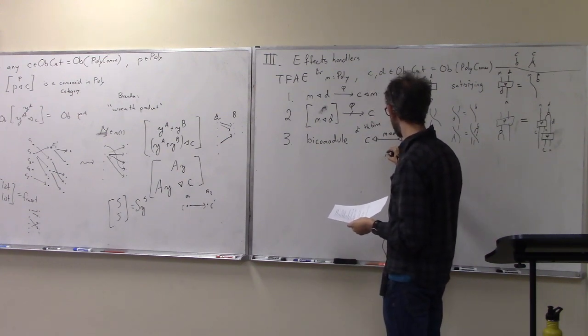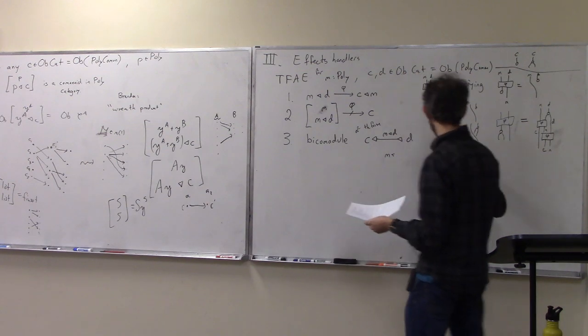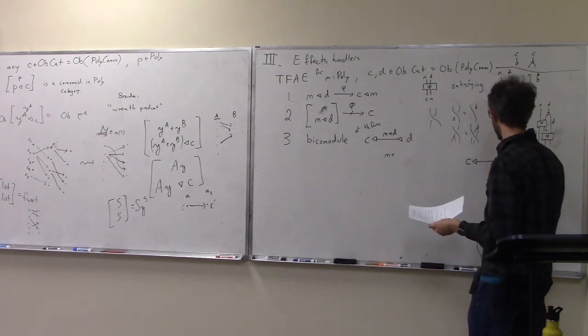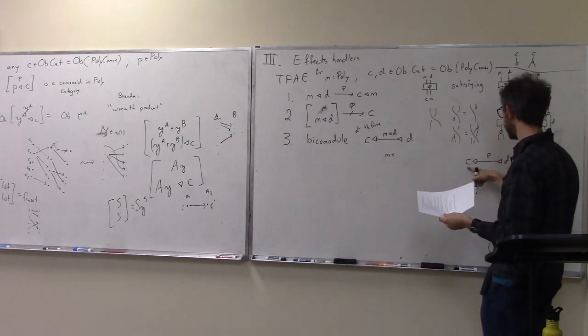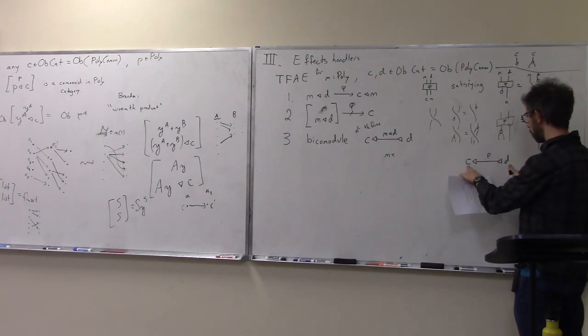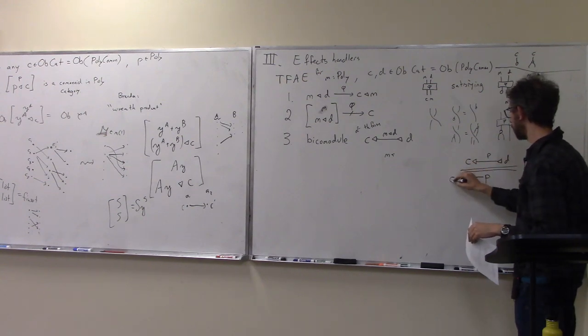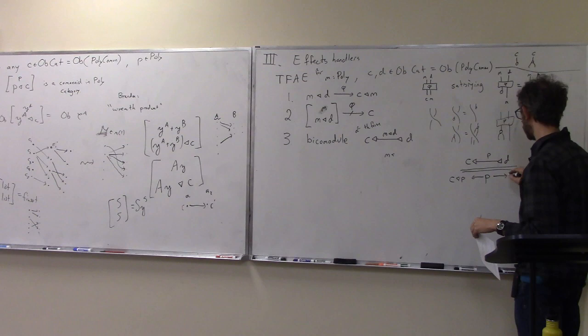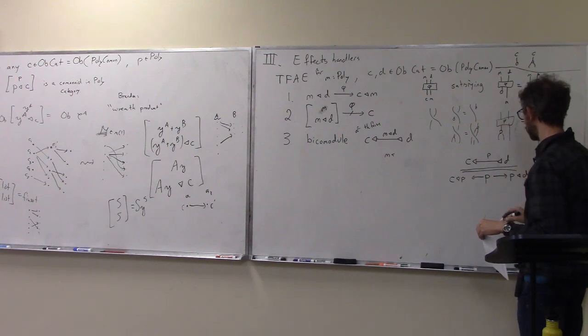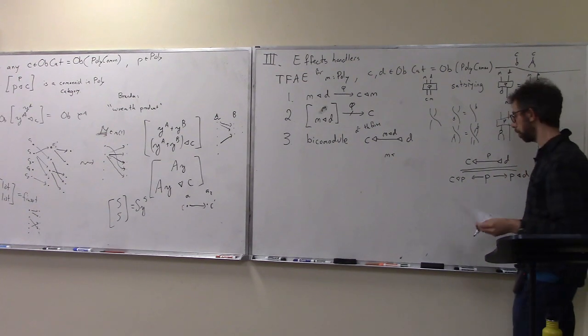What I'm really saying is that a bicomodule, if you have a C and a D, and these are categories, but you can think of these as comonoids in poly, then this is just syntactic sugar for a map from P to C compose P, and a map from P to P compose D, satisfying a couple rules.